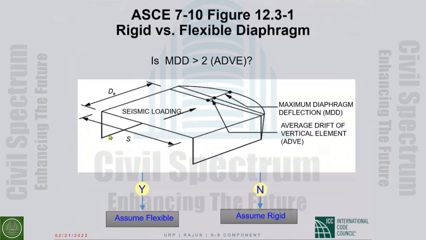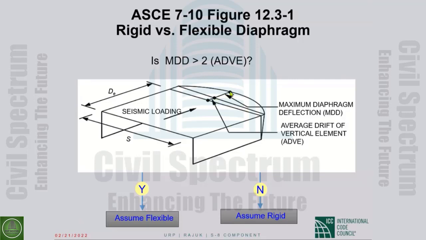It is acted upon by seismic forces, inertia forces caused by seismic excitation. We typically take it uniformly distributed along the edge of the diaphragm. This is the in-plane deflection of the diaphragm, calculated value.